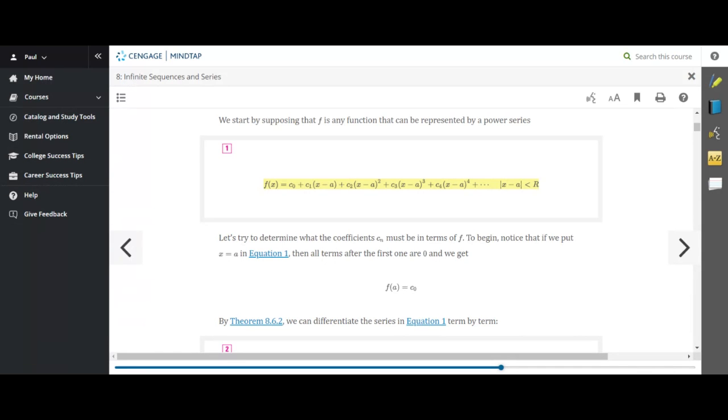This form of the power series in the box labeled 1 is only useful if we can figure out what a is, and normally we know what the a value is that we want to use, and also if we can figure out what those coefficients are: c sub 0, c sub 1, c sub 2, c sub 3, and so forth.